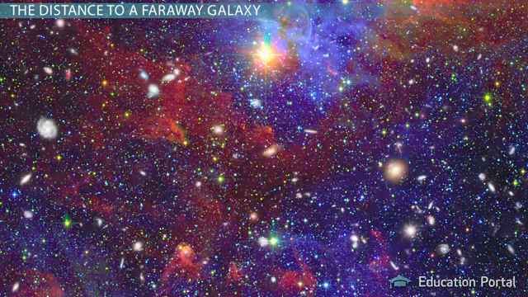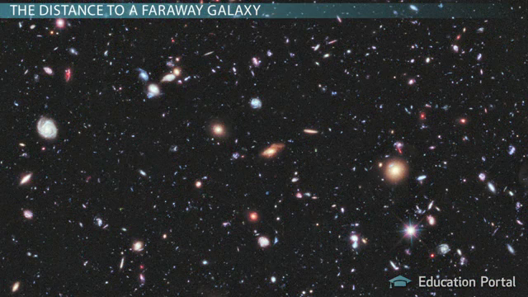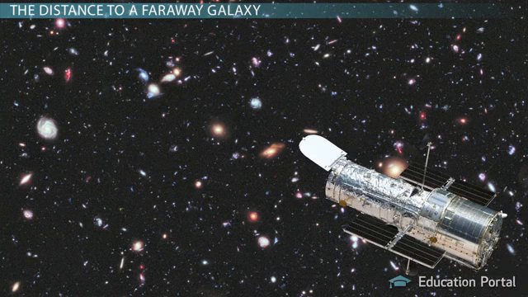In any case, there's one very cool thing about the most distant galaxies, those that are 3,000 megaparsecs or more away. These galaxies are so far away that you see them as they were millions of years ago, because it takes light so long to reach Earth from that distance.